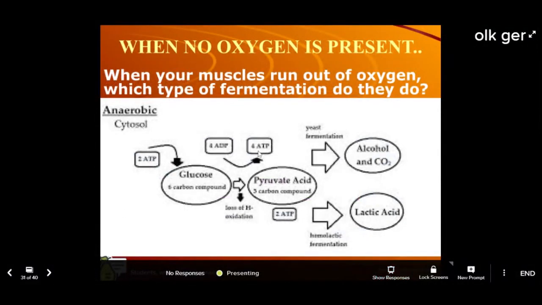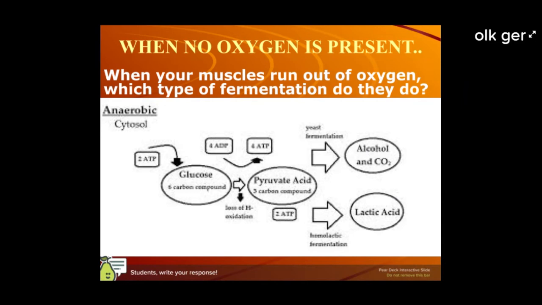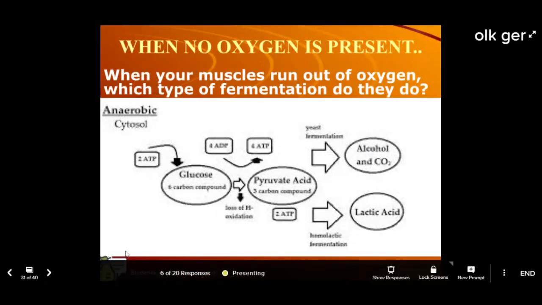All right, when your muscles run out of oxygen, which type of fermentation do they do? So think about this. When you run out of oxygen, what is it that builds up in your muscles? Somebody might know it, and it causes them to be sore. My girls' soccer players, when we have back-to-back game nights, usually take ice baths after a game to squeeze this out of their muscles to help with quick recovery.